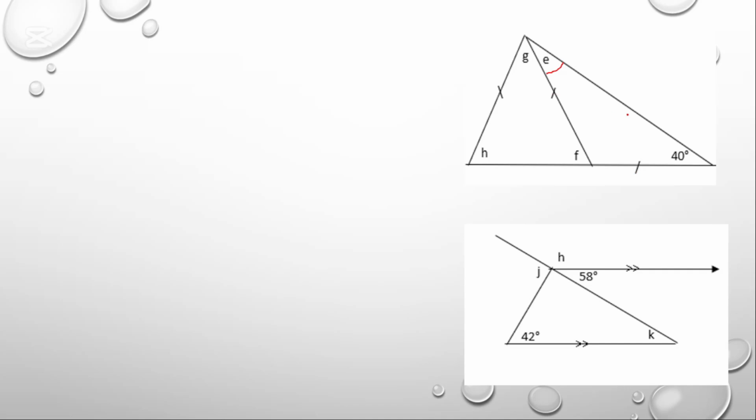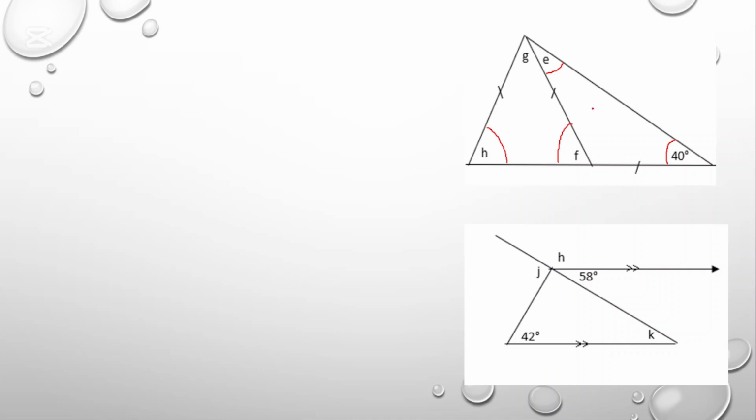Opposite that side is that angle there. Now we have another triangle which is an isosceles triangle. So opposite this one is H, opposite that side is F. We can't start this side because we have 3 unknowns.